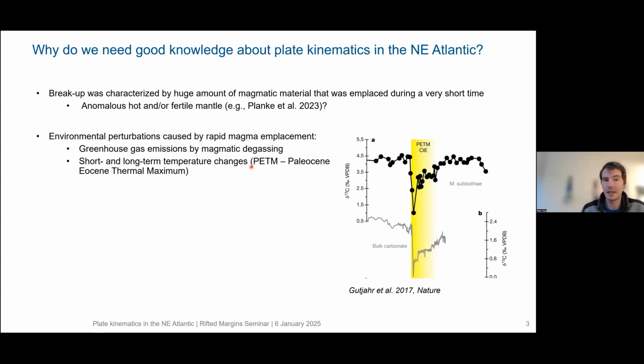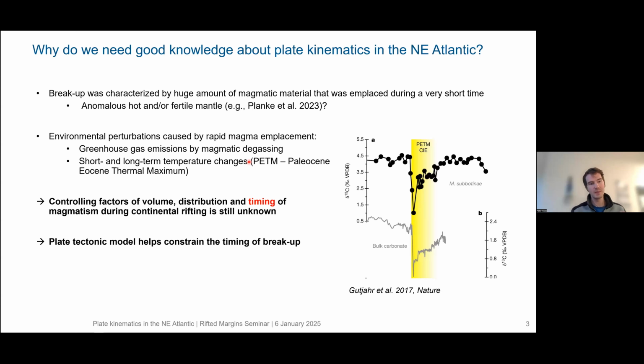So clearly, magma emplacement has an effect on past climate. The controlling factors of volume distribution and especially the timing of this magmatism during continental rifting, which is relevant for plate tectonic reconstruction, are still unknown. And a proper plate tectonic model helps to constrain the timing of the breakup.